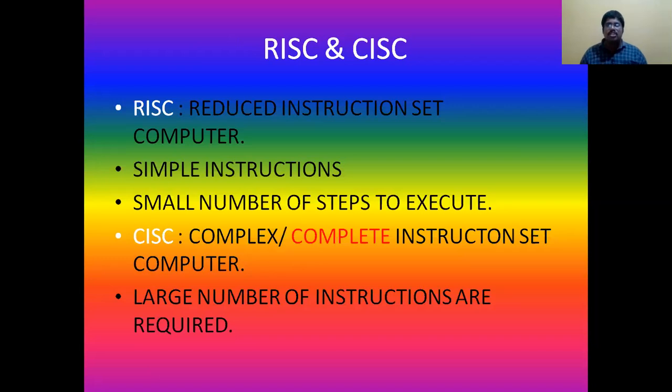The basic difference between CISC and RISC is that the initial computers were developed using CISC technology. Simply to say, the second and third generation computers, not the first, because in the first generation computers there is no high level language, there is only machine language.